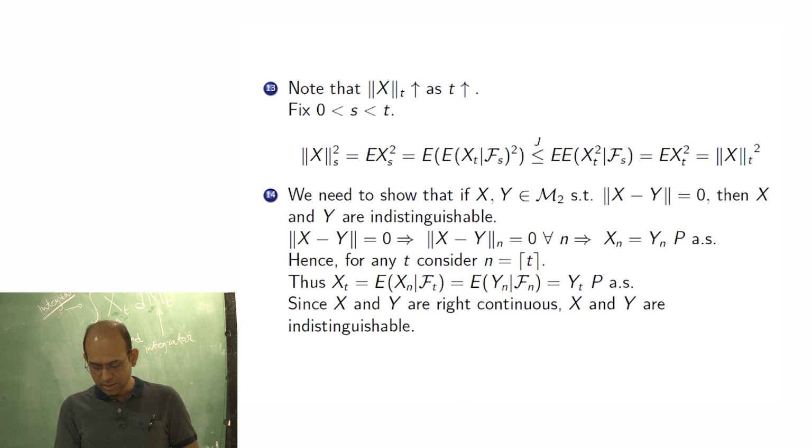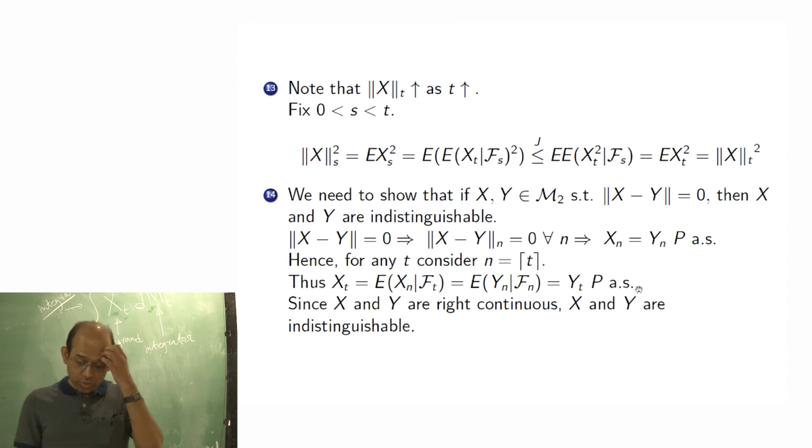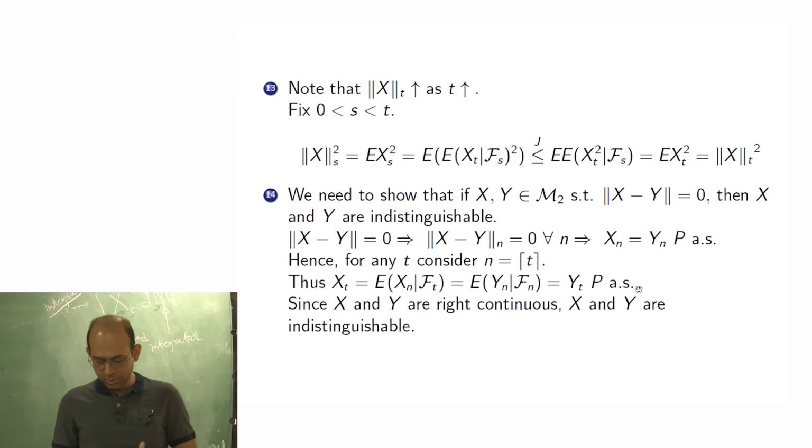So this is the same as the conditional expectation of y_n given F_t. Here there was a typo, it should be F_t. Since y is also a martingale, we are going to get that it is y_t. So we are establishing that x_t is equal to y_t almost surely. So for every fixed t, x_t and y_t match with probability 1.